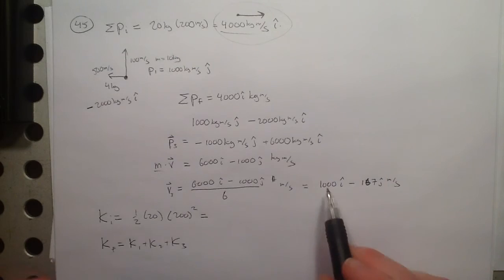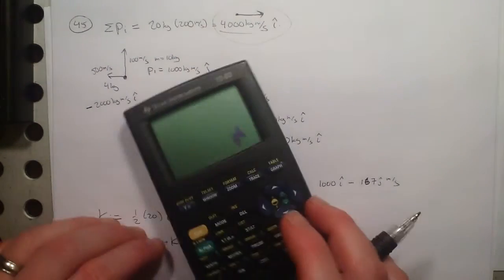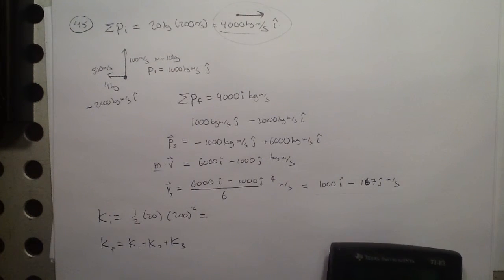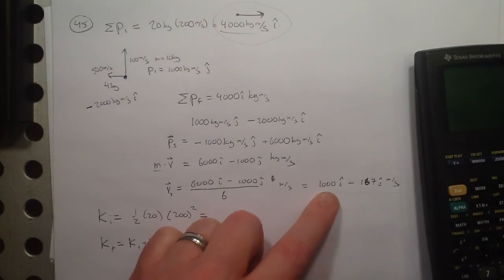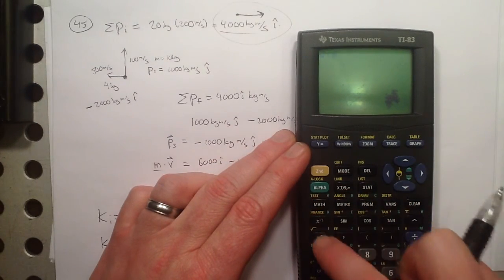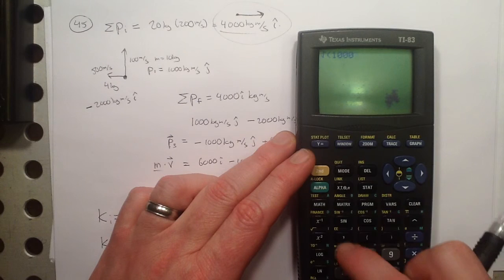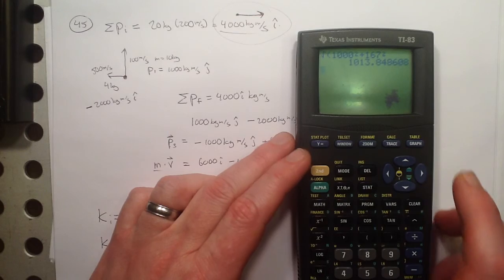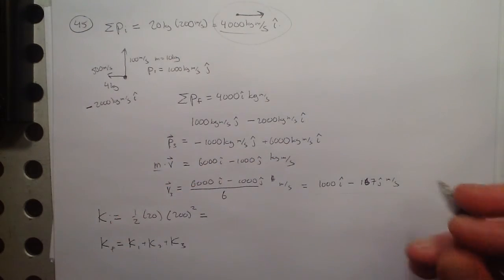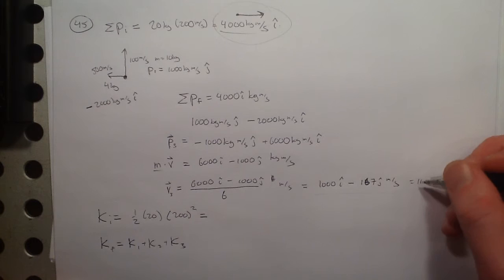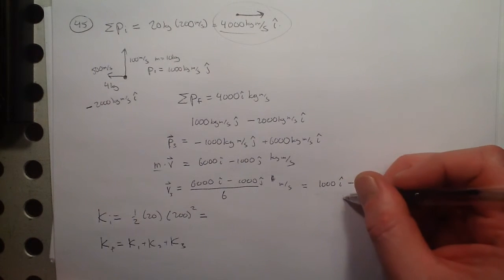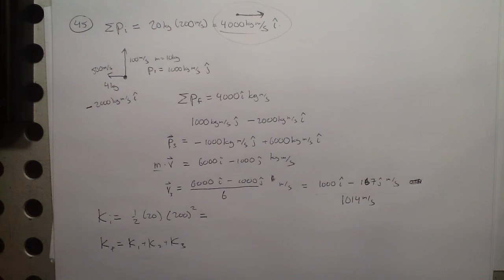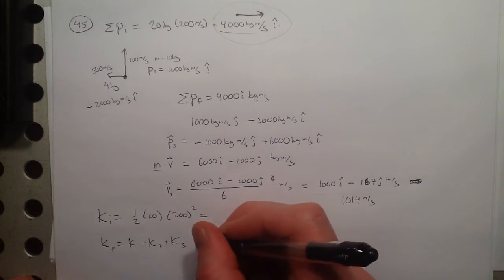And I guess to do K3, I'm going to have to find this velocity and the magnitude of that. So let me just Pythagorize that real quick before we go on. So 1,000 and 167, so square root of 1,000 squared plus 167 squared, 1,014, say. Magnitude of that, 1,014 meters per second.